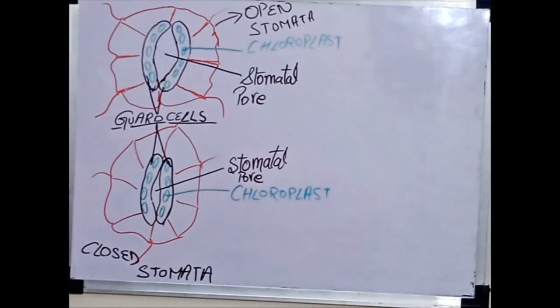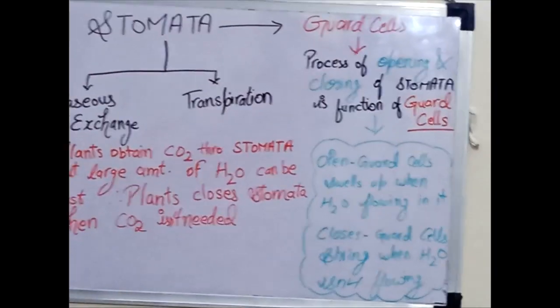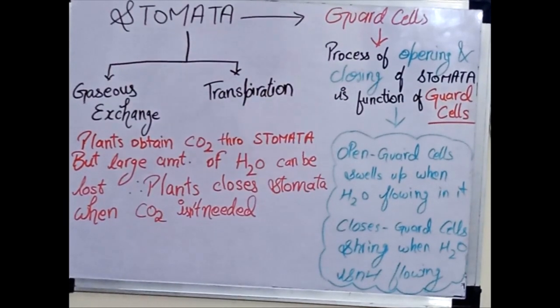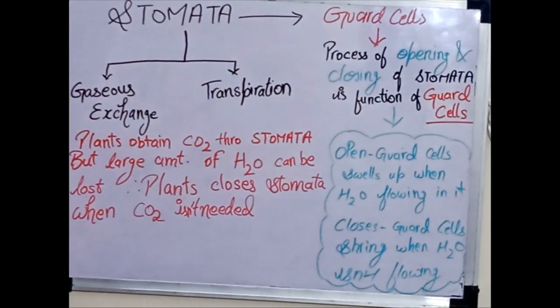Let us now discuss it in more detail and just recapitulate what we learnt in the diagram itself. Okay, so we have now the topic stomata and guard cells that we already discussed.